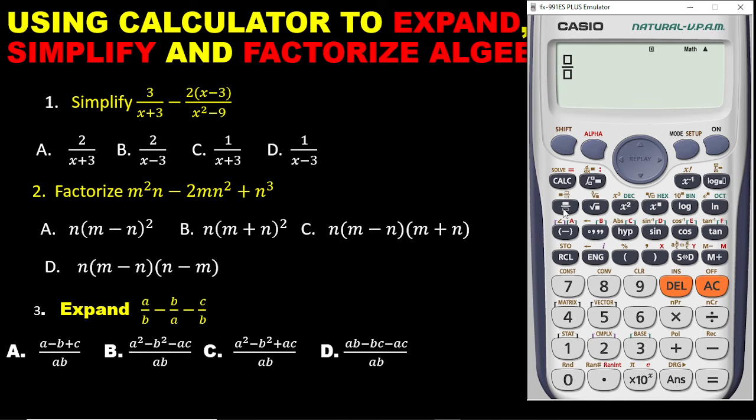So you click the fraction button, and the first one is A, so alpha, you press A. Remember the A is squared here, so let's square the A, and then minus alpha, and then B. Once again, the B here is squared, so let's square the B. Then minus, we have alpha, and then AC, so alpha, and then C. Now let's move down, and we have AB down. So alpha, you click on A, alpha, you click on B.